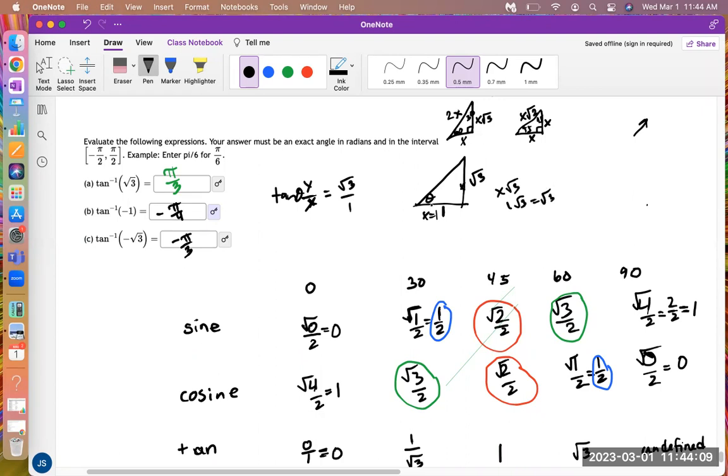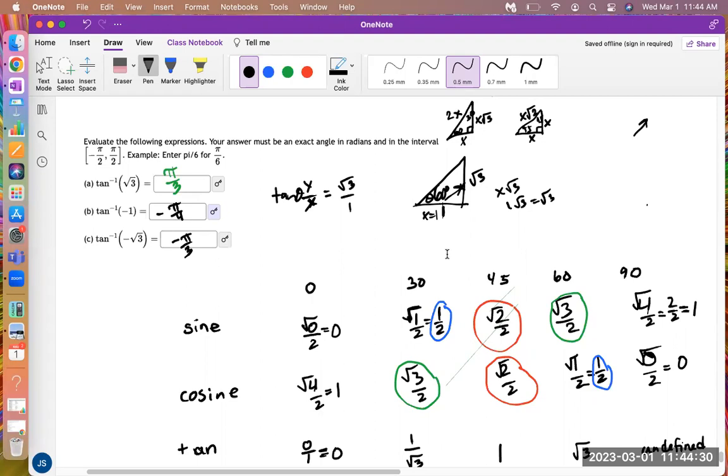These two sides are in the same ratio format as the 30, 60, 90 triangle. So that's the indicator that this is a 30, 60, 90 triangle, and our angle here is 60 degrees, because across from the 60 is the x√3 side.